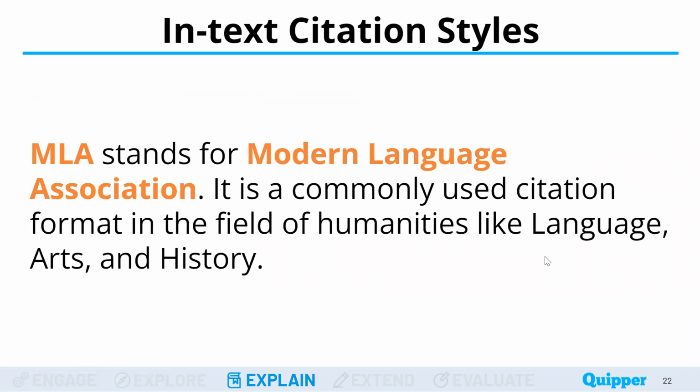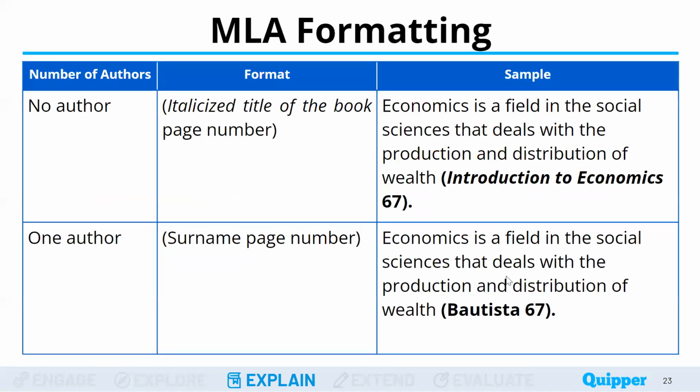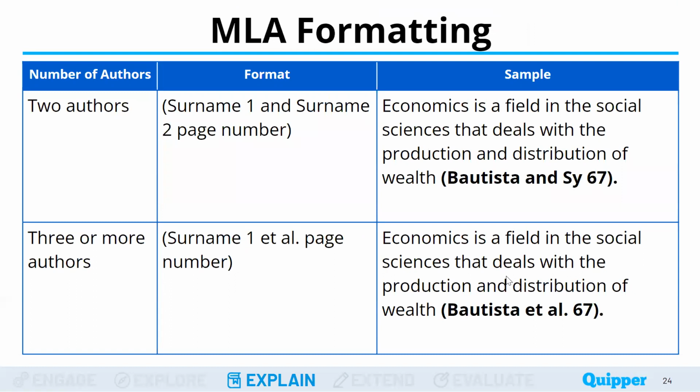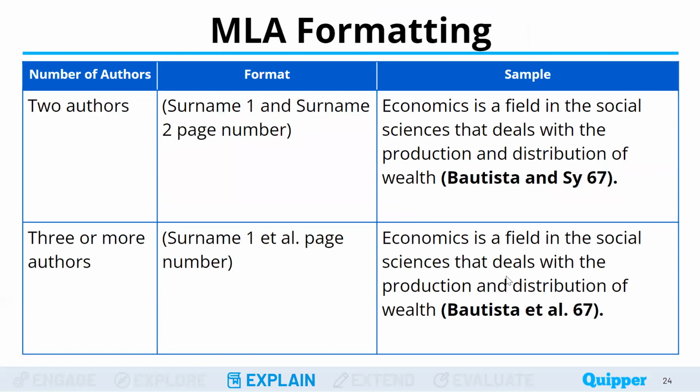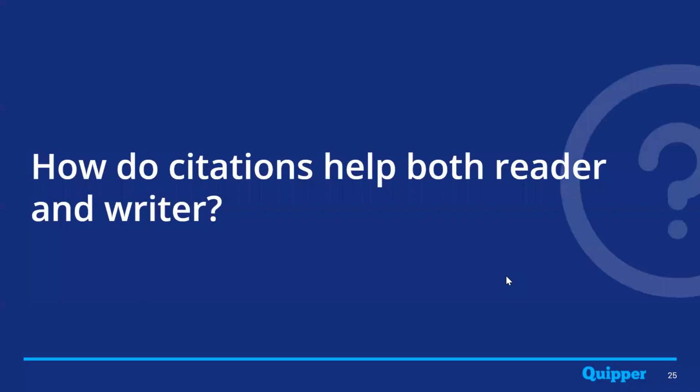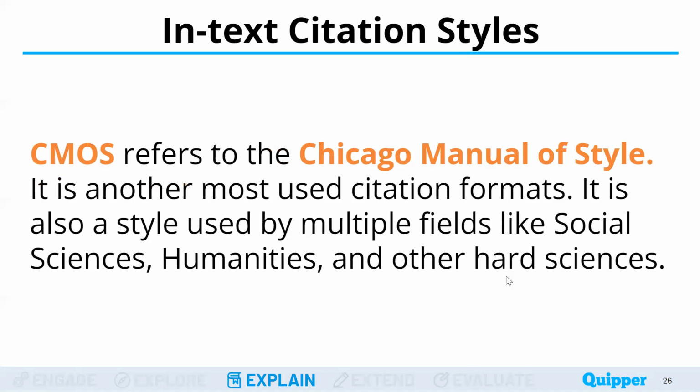MLA stands for Modern Language Association. It is commonly used citation format in the field of humanities like language, arts, and history. Okay, parang halos same lang din naman sila nung sa isa. Okay, so how do citations help both reader and writer?